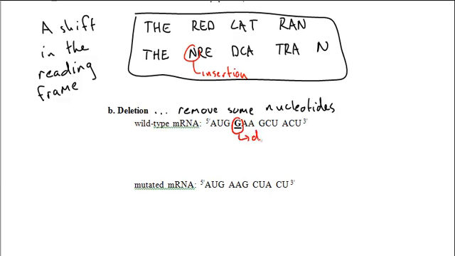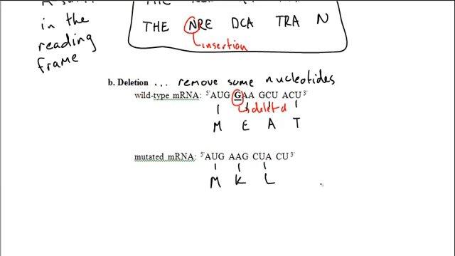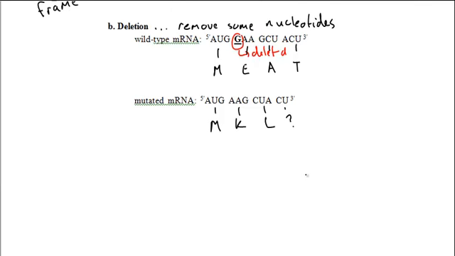If you look at the bottom sequence, this is deleted, changing it from M E A T to M A A G is lysine K, C U A is leucine L, and C U can't even be translated because it's not a full codon. Okay, so again, drastic changes.